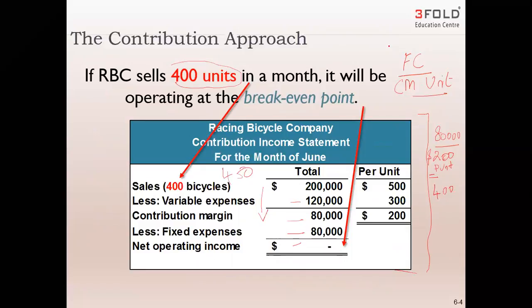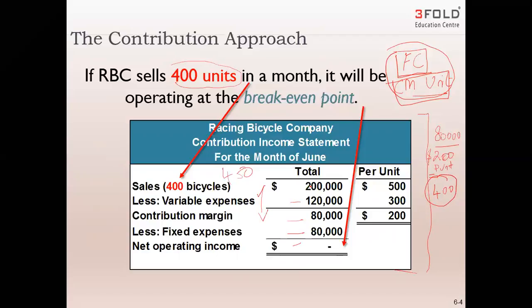So whatever the scenario may be, if you know the fixed costs and the contribution margin per unit, because you have to know the variable cost also for that purpose, then you can calculate the break-even point in units by dividing fixed costs by contribution margin per unit.